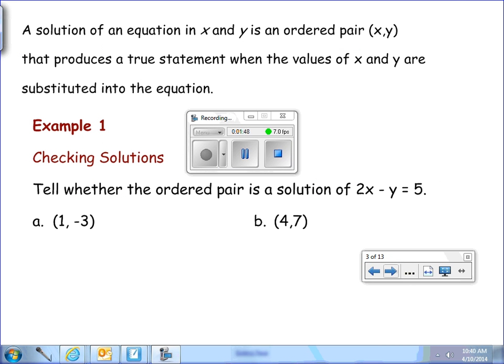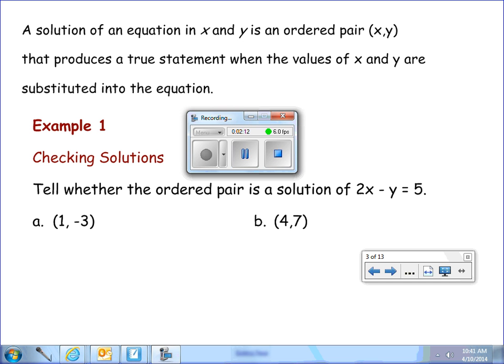Now, a solution of an equation in x and y is an ordered pair (x, y) that produces a true statement when the values of x and y are substituted into the equation. So let's check these solutions, and we are asked to tell whether the ordered pair is a solution for this equation right here.